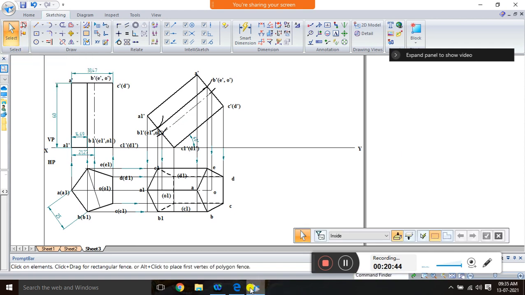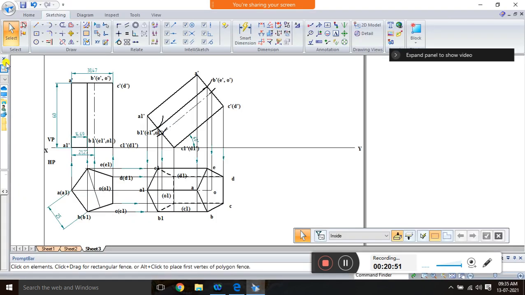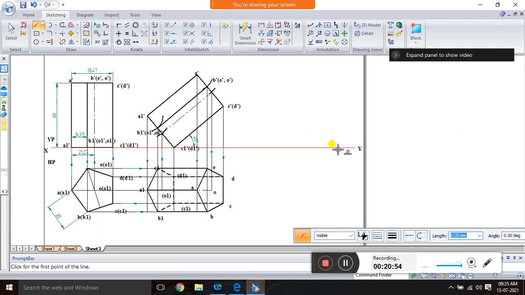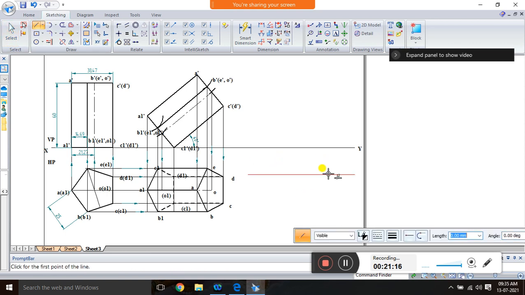So the final position, I told, is an axis inclined to VP at 30 degrees. First you have to construct a 30 degree line. So it is better you draw one more parallel line, and here, draw like this and draw 30 degrees.